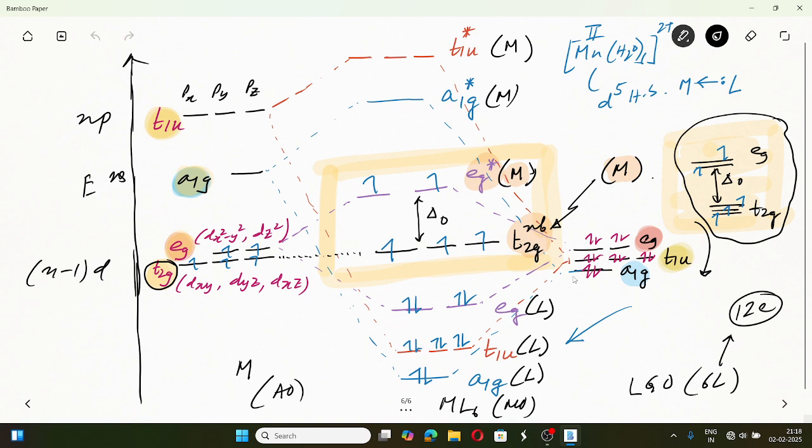Now we shall move on to pi bonding. First of all, we need to discuss the types of pi bonding in metal complexes.